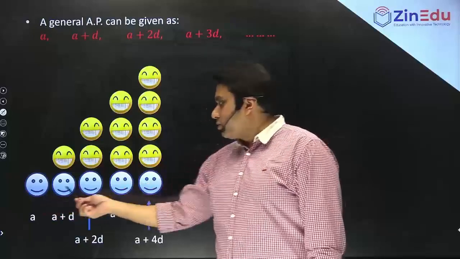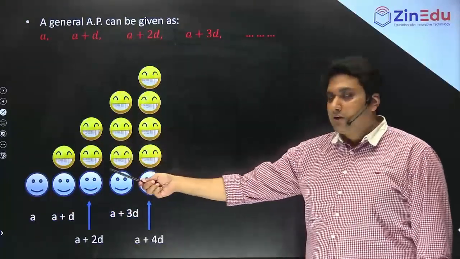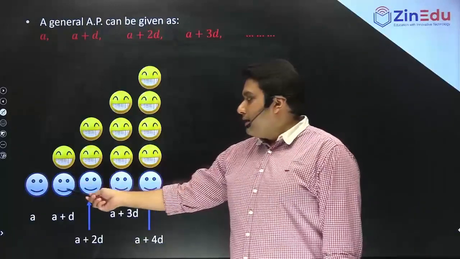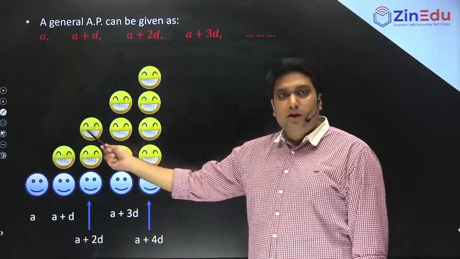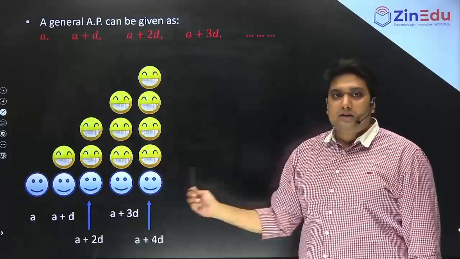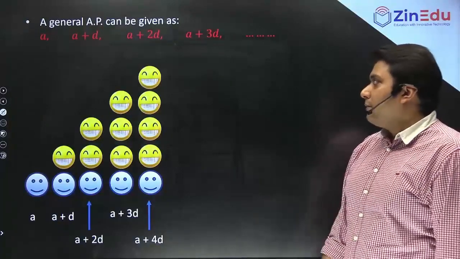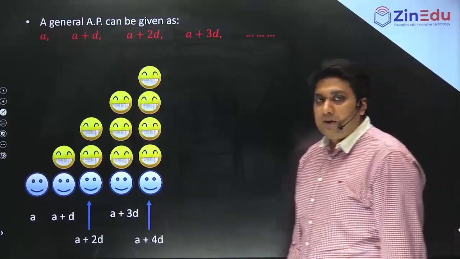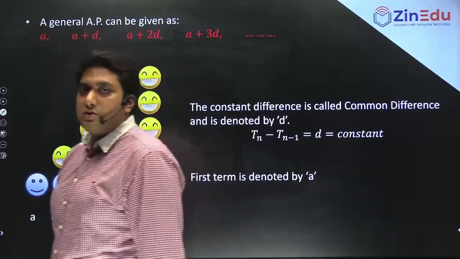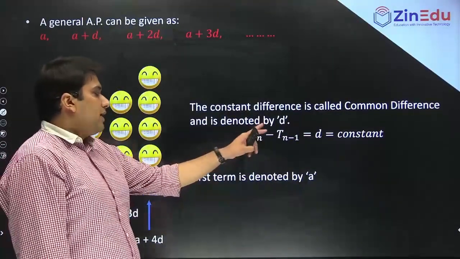So A is constant all throughout and we are adding D in all the next consecutive terms: A plus D, A plus 2D, A plus 3D, A plus 4D, and it will keep on going. Over here the constant difference is called the common difference and is denoted by D.